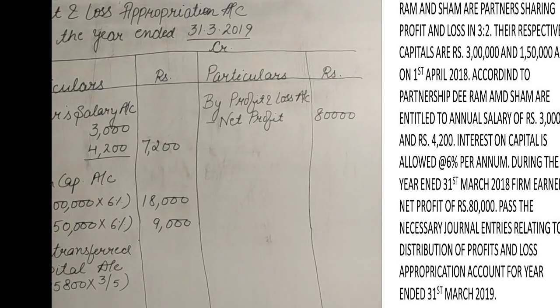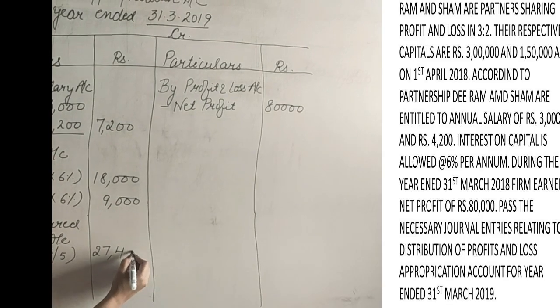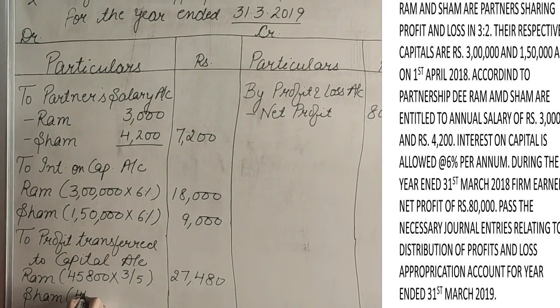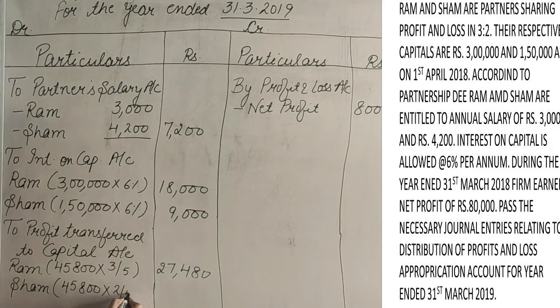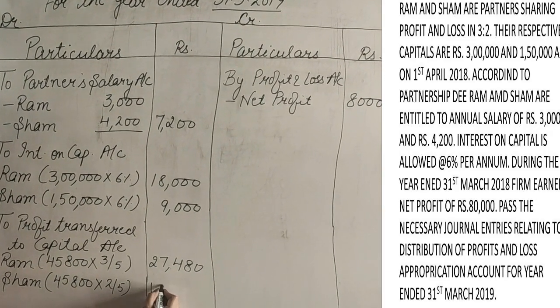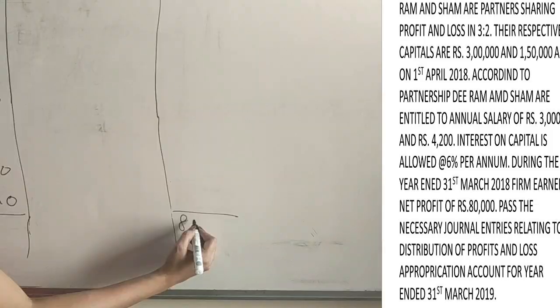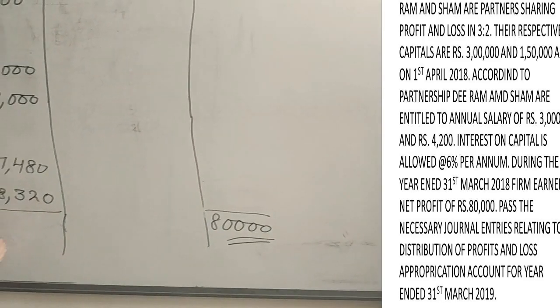You can see that Ram's profit is 45,800 multiplied by 3/5, which is equal to 27,480. Shyam's profit is equal to 45,800 multiplied by 2/5, which is 18,320.